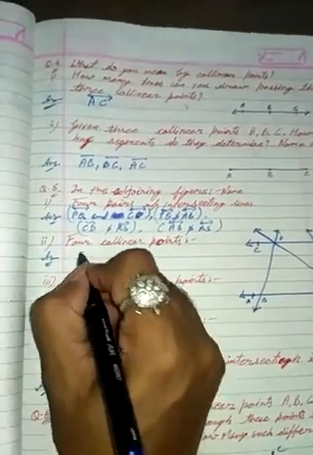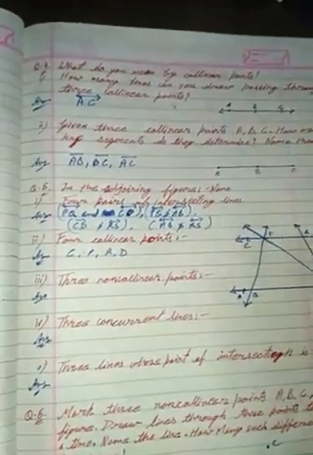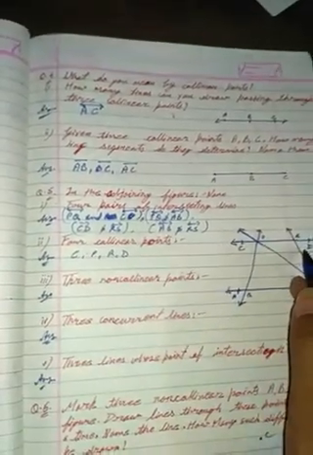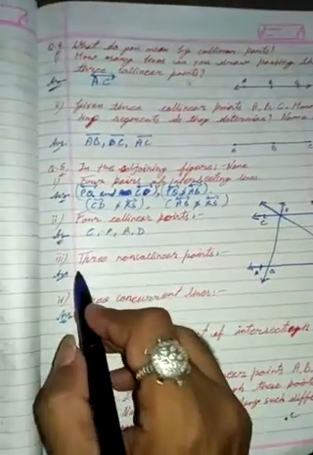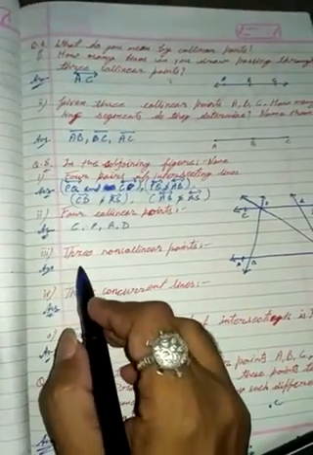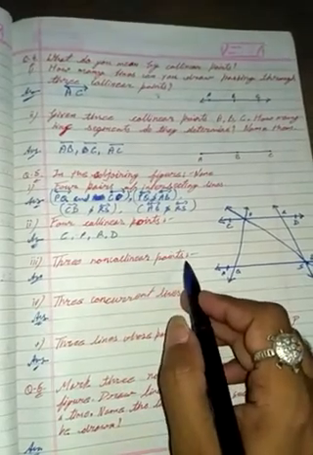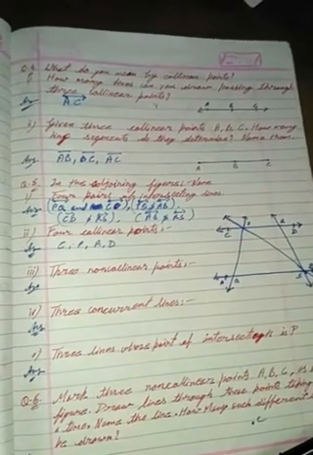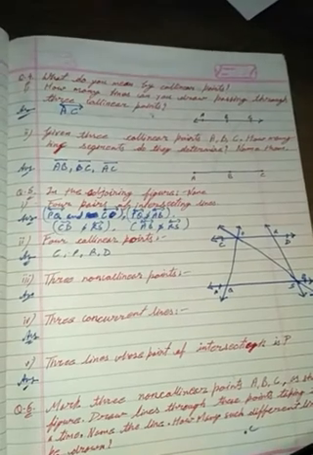I am writing here C, P, R, D. Okay, these all are collinear points C, P, R, and D. Now next is the third part, three non-collinear points which are not in a single line.